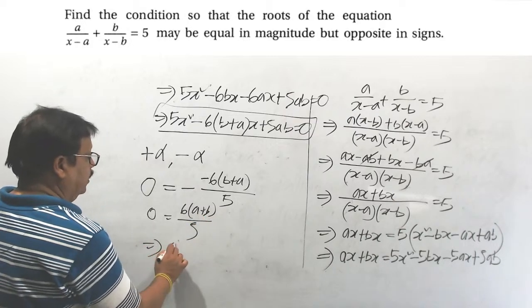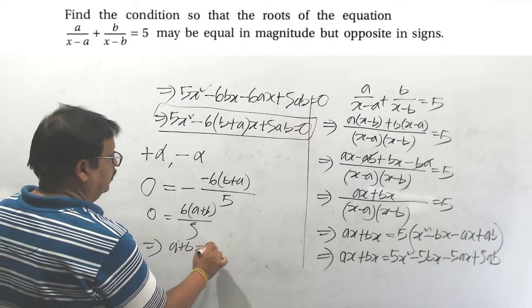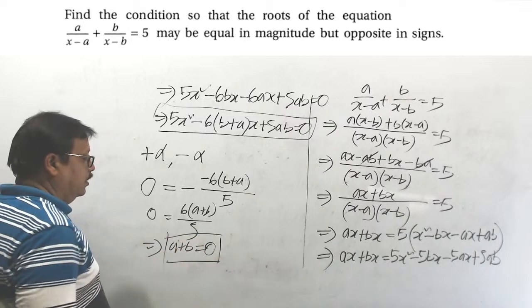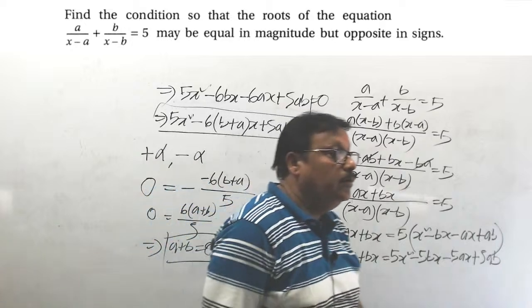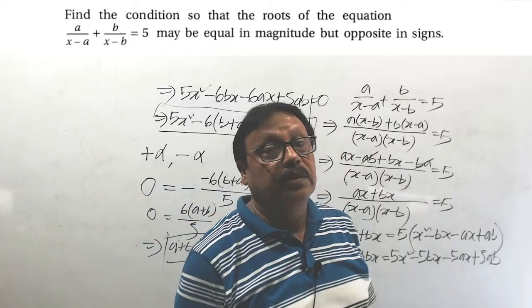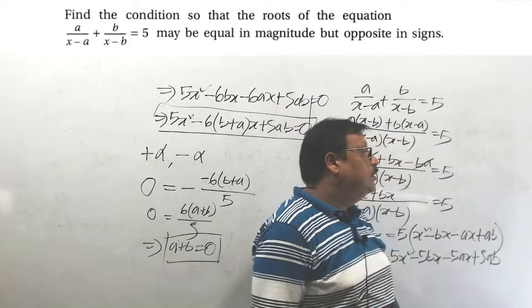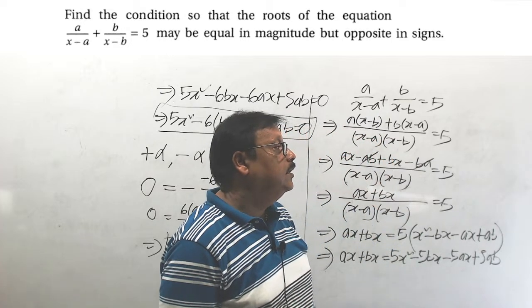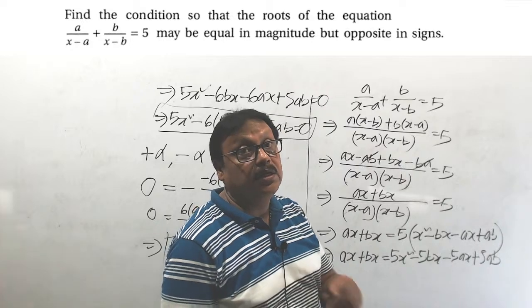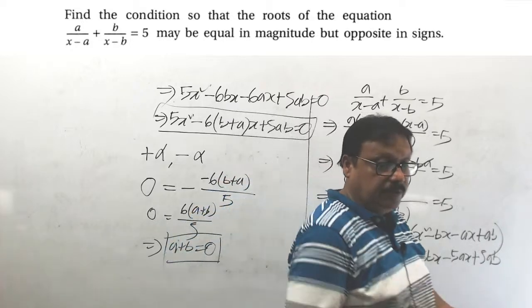This implies a plus b equals to 0. Yes, this is the condition. A plus b equal to 0. That is, roots will be equal but opposite in sign for this one.